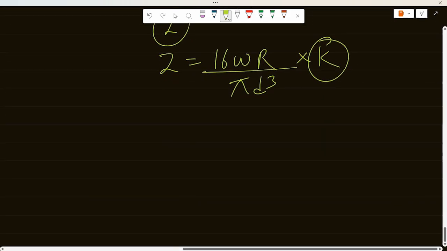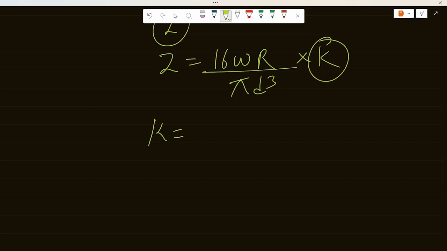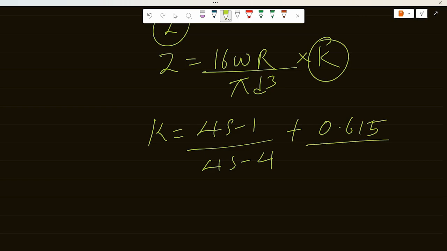So now, what is this Wahl's correction factor? It has a formula. It's equal to 4s minus 1 over 4s minus 4, plus 0.615 over s.